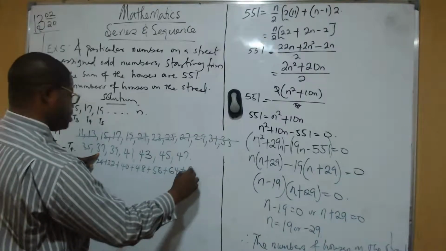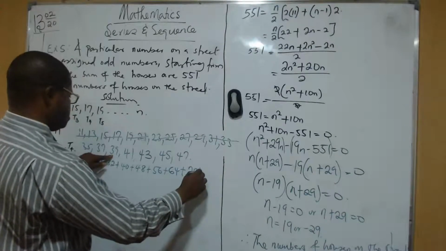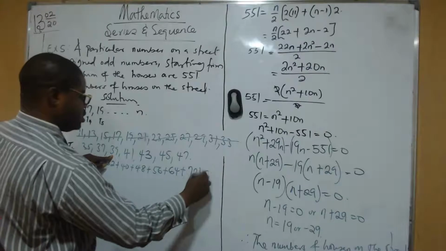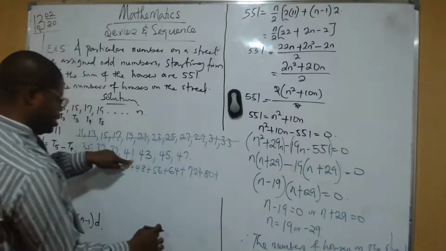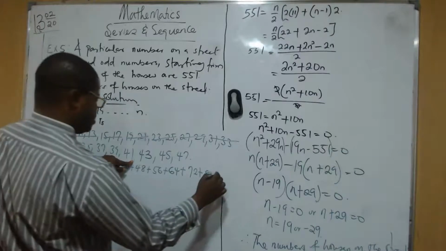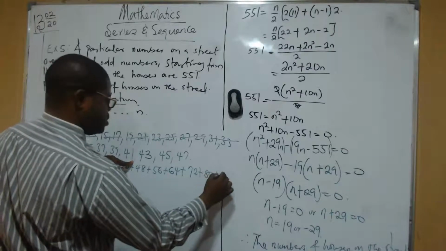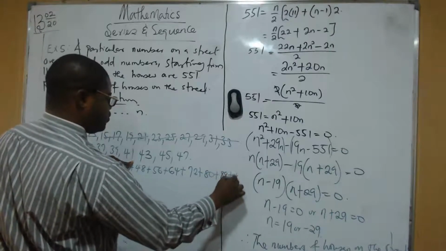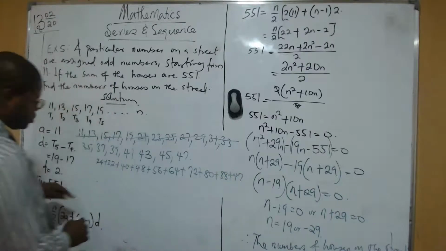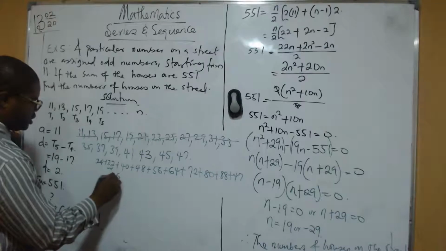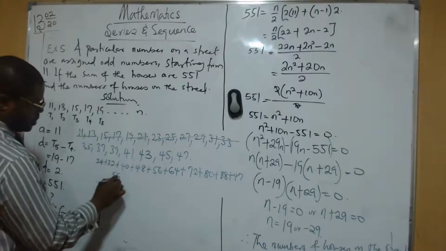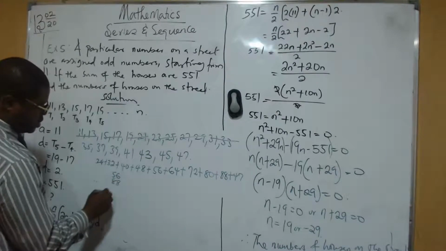This is 72. This is 80. This is 88. Then we have about 47. This is 24. This is 65. This is 88.